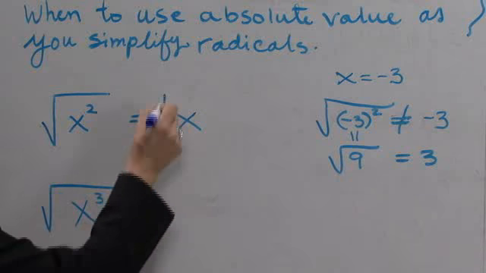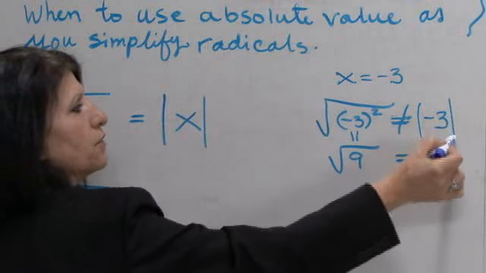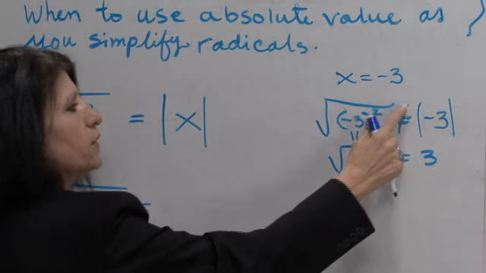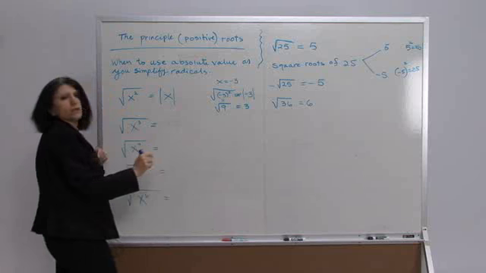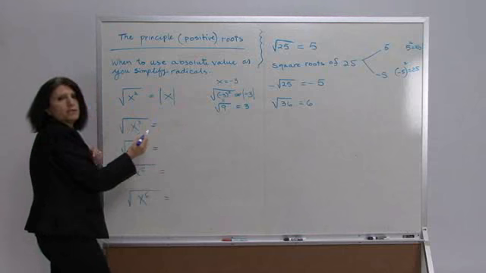So to take care of this, you're going to say it's the absolute value of negative 3. So this would make it a true statement. The absolute value of negative 3 is 3. So that would be an appropriate answer.